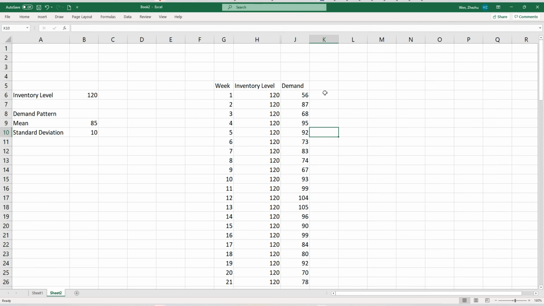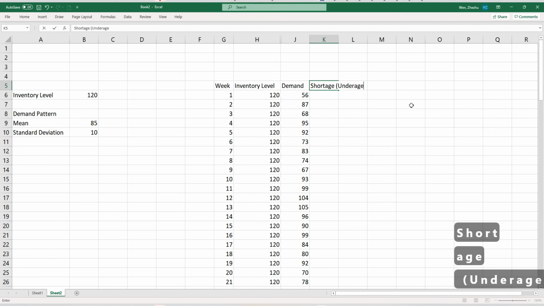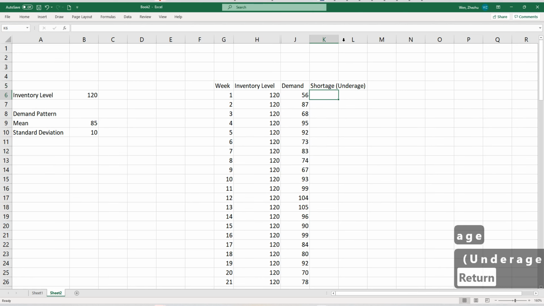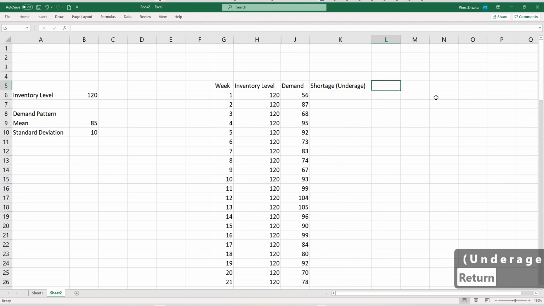And let's figure out how many unit short in each week or how many unit over in each week in order to calculate loss associated with each week. Okay, so I'm just going to calculate shortage here first. Shortage or underage according to language I used previously.